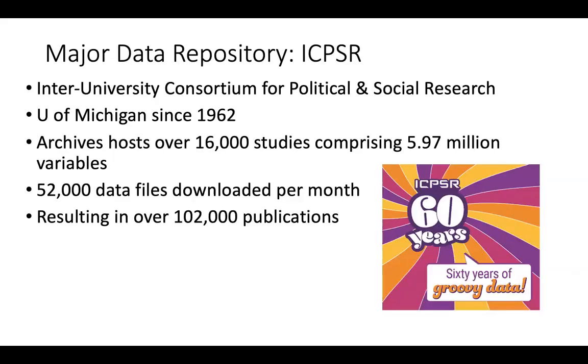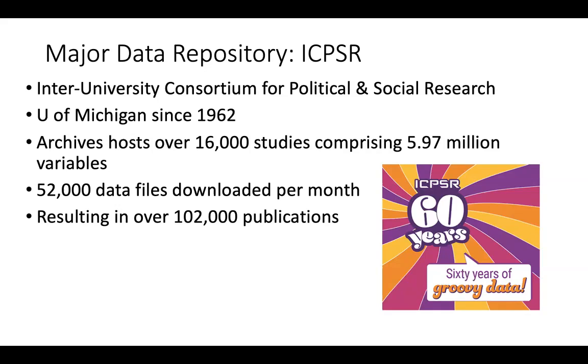I'd like to mention a major data repository called ICPSR, the Inter-University Consortium for Political and Social Research. It's at the University of Michigan, and they have been working since 1962. As you can see, they are celebrating 60 years of groovy data.